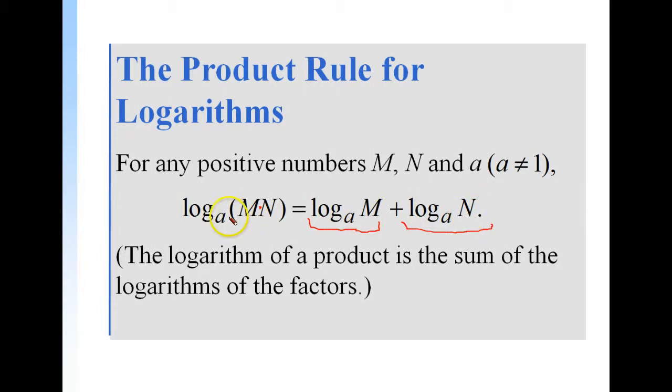So again, in your notes, I would strongly advise you to write this down. The logarithm of a product is the sum of the logarithms of the factors. We'll give you an example of this shortly here.